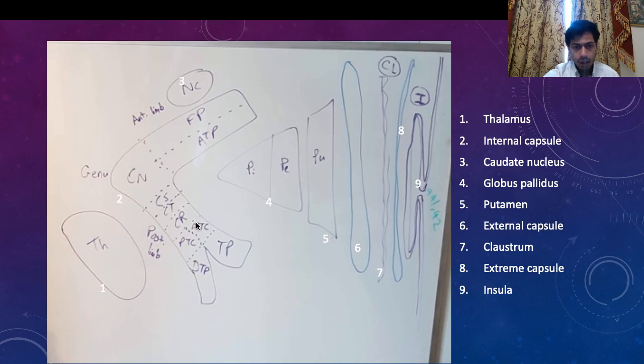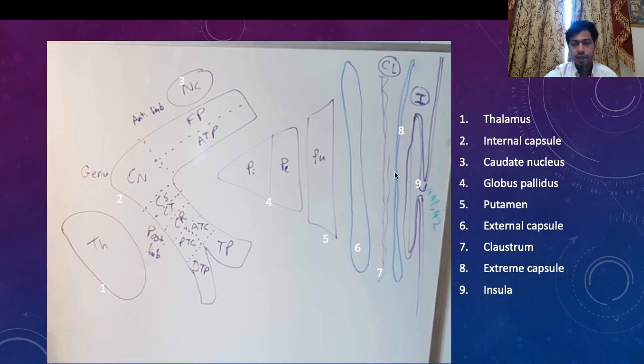So this is a more broken down image for you to process. Once again, we're at the internal capsule here. This is the insula.